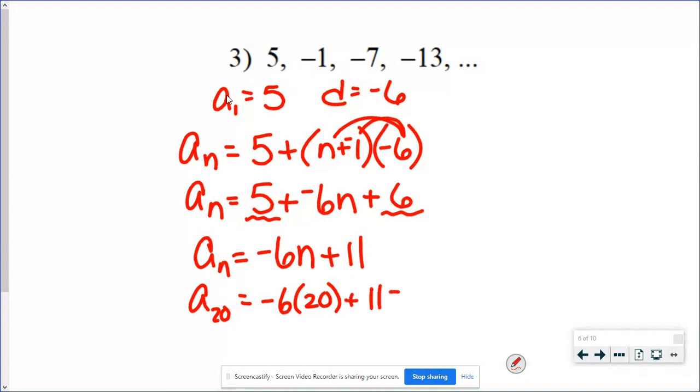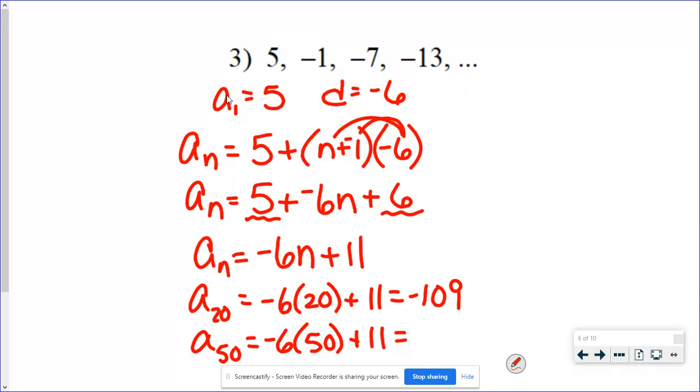Gives me a negative 109. And the 50th term. Negative 6 times 50 is going to be negative 300. Negative 300 plus 11 gives me negative 289.